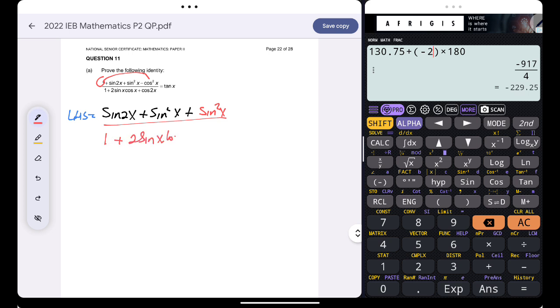Okay, and then at the bottom I have 1 plus 2 sine x cos x plus I have a cos 2x there. I must change it to a double angle, right? Since I have a positive 1 there, I must change my cos 2x to the one that will eliminate this one. So I'll change it to 2 cos squared x minus 1.